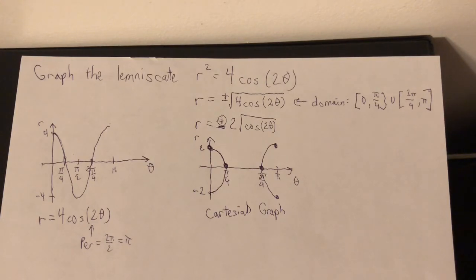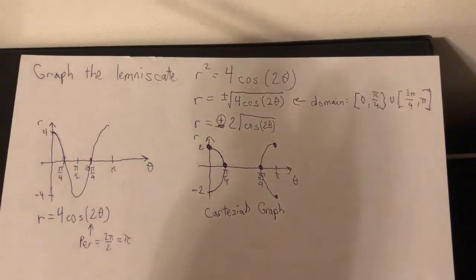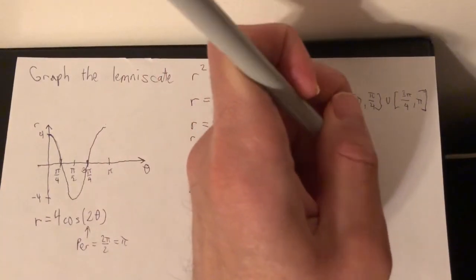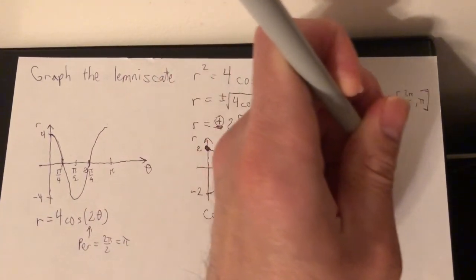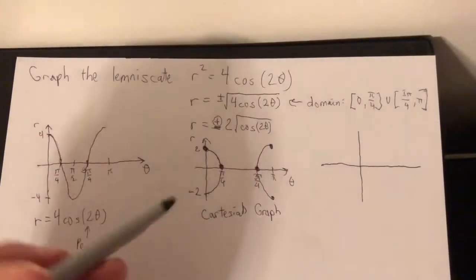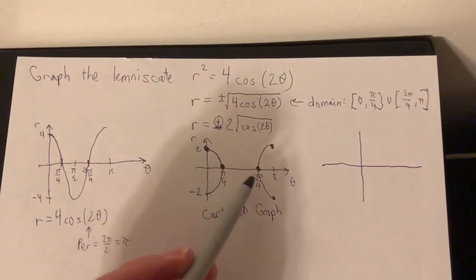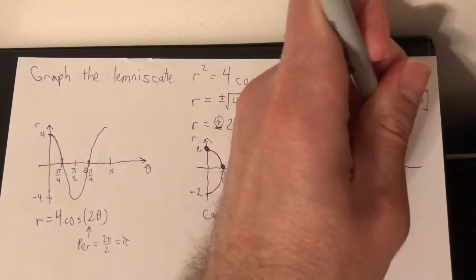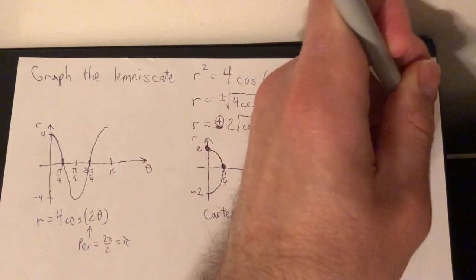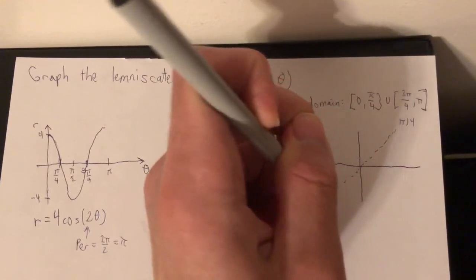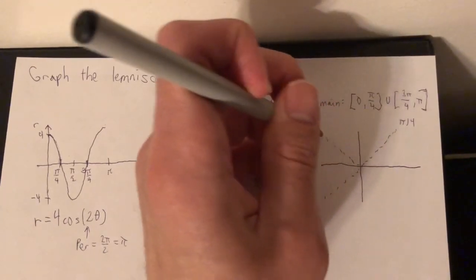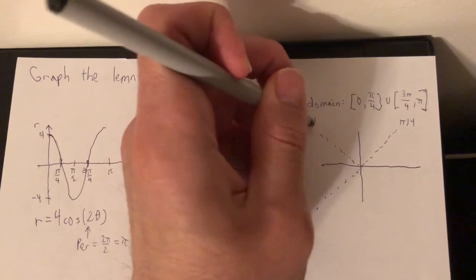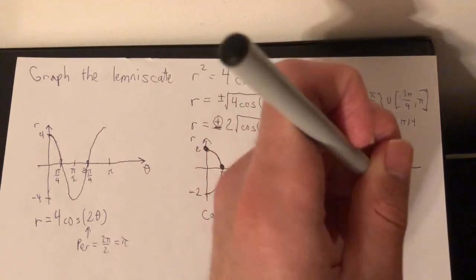So let's think about what this means for the polar graph. So I'm just going to sketch out a graph here. It seems like pi over 4 and 3 pi over 4 are going to be key directions. So I'm going to sketch out pi over 4, both sides, 3 pi over 4, again, both sides.